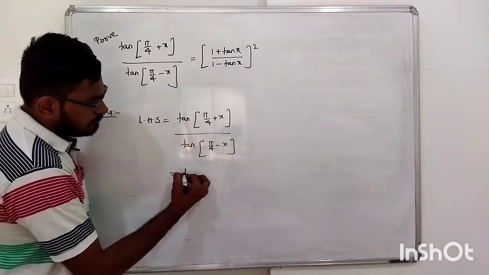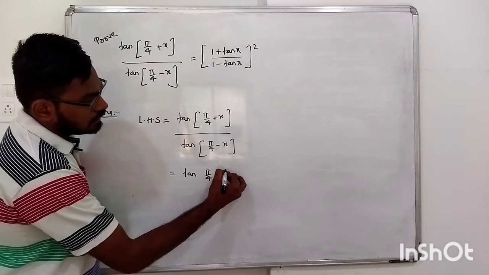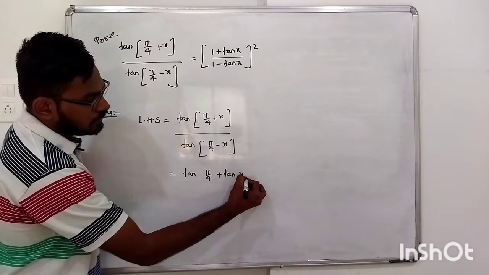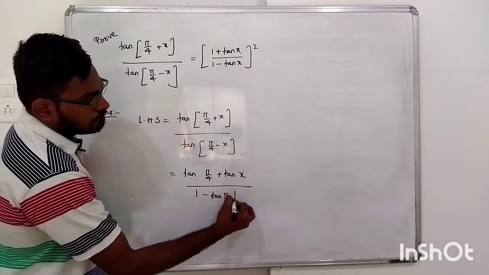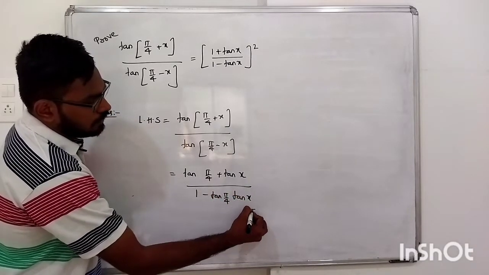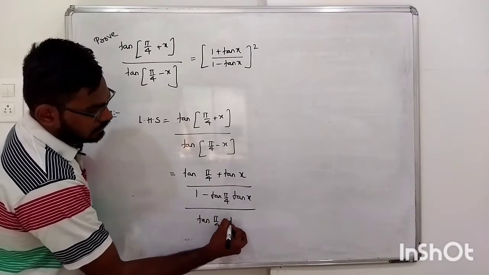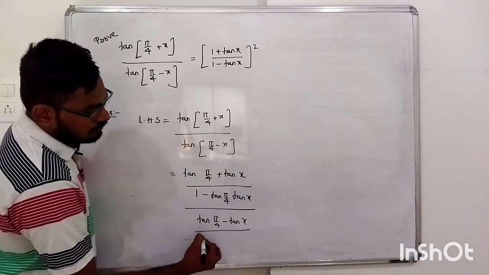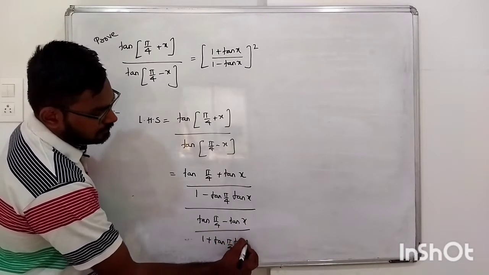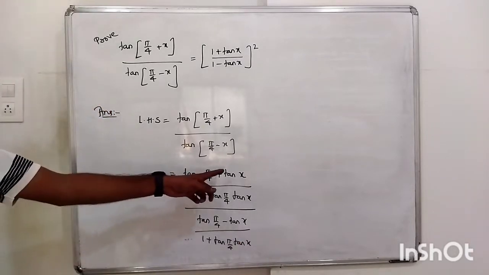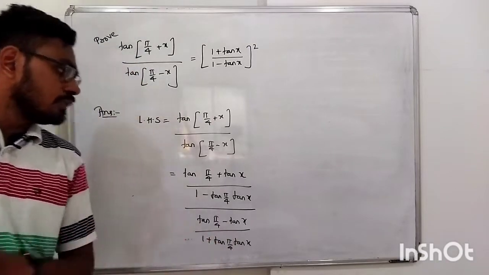Simplify this using the tan of (x plus y) formula: (tan x plus tan y) upon (1 minus tan x tan y). So tan of pi by 4 plus tan x, upon 1 minus tan of pi by 4 tan x, and in the denominator, when it is minus, this becomes minus and this becomes plus.